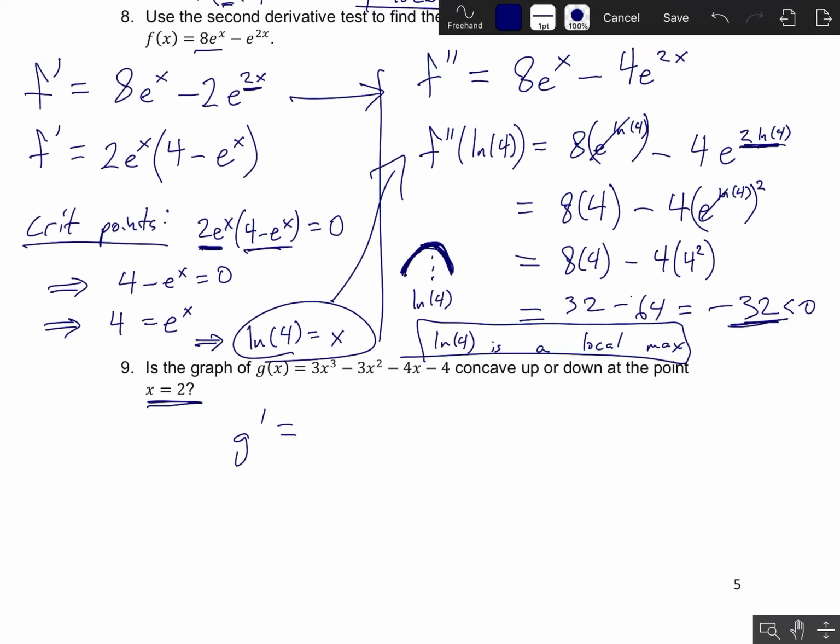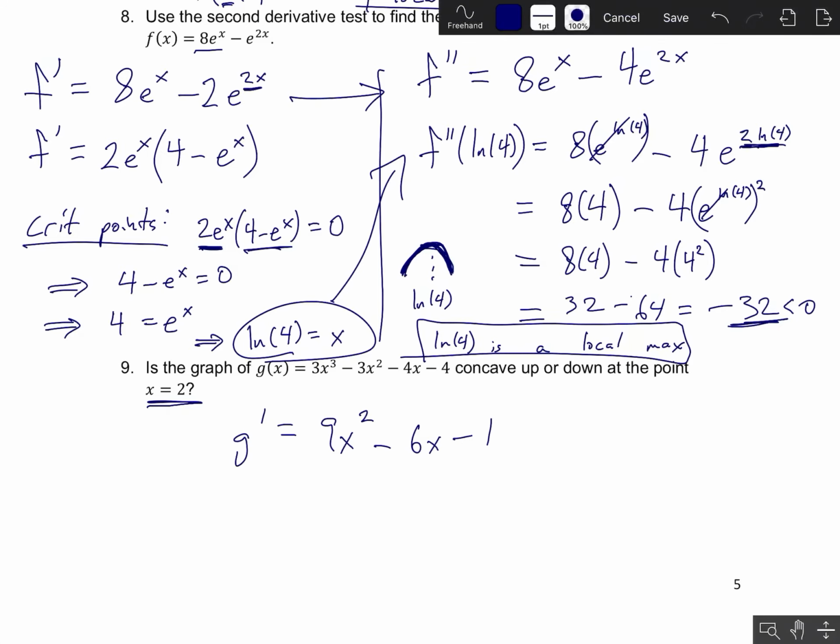So if you compute g prime, we would be using the power rule on each of these terms. So that would give us a 3 times 3, which is 27. No, it is not. Sorry about that. So 3 times 3 will give us a 9x squared, and then we'll have a negative 3x squared.